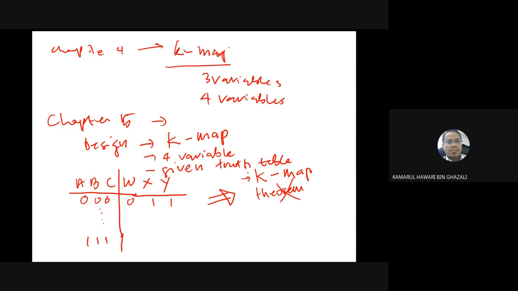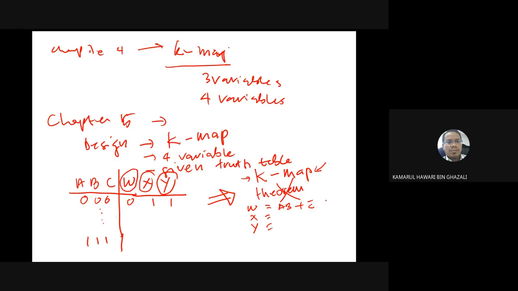So you need to construct a K-map for W, for X, for Y. From the K-maps you will get the Boolean expression, for example, AB plus C, something like this. You have to make it separate: truth table for output W, truth table for output X, truth table for output Y.